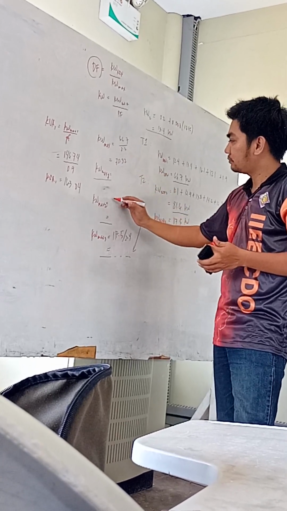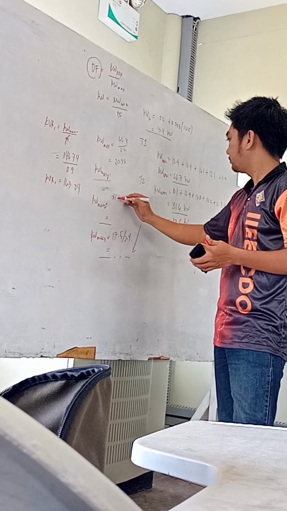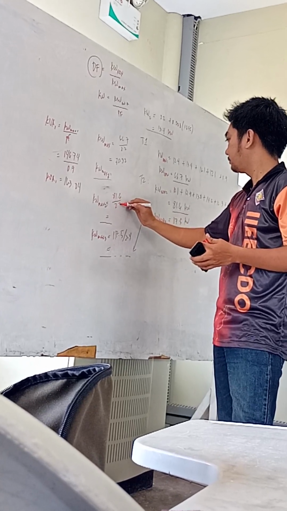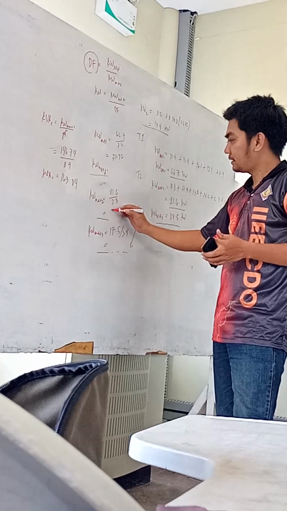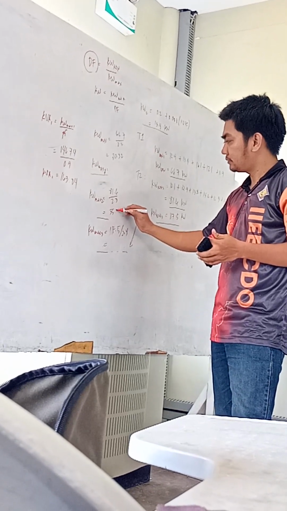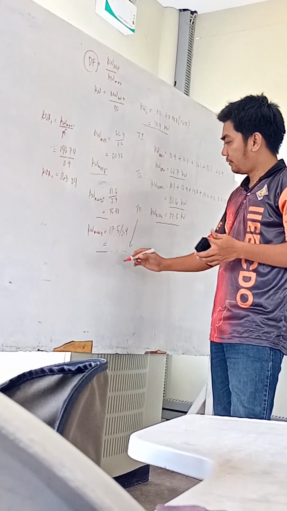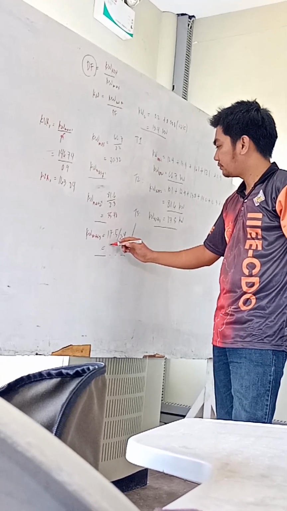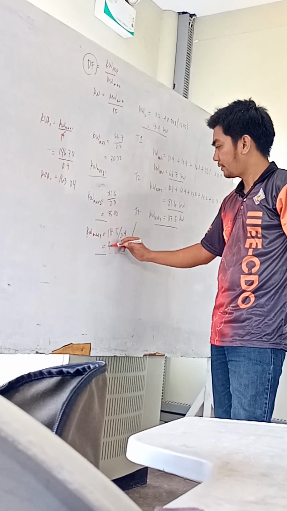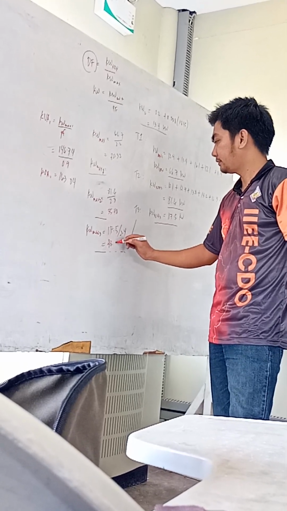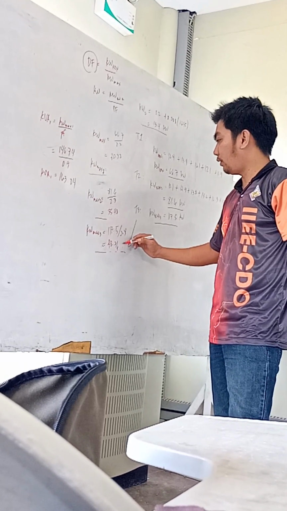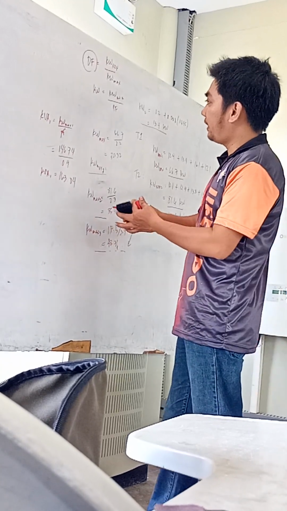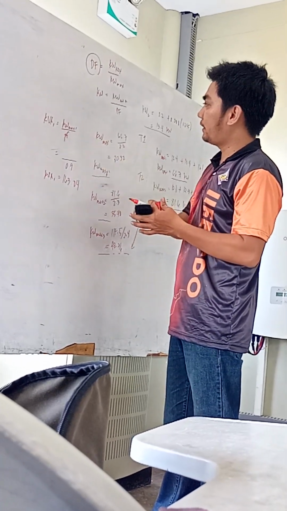Number 2: 35.28. Number 3: 117 divided by 2.4 is 48.96. These are all kilowatts, okay? Then after that, convert the kilowatts into kVA.